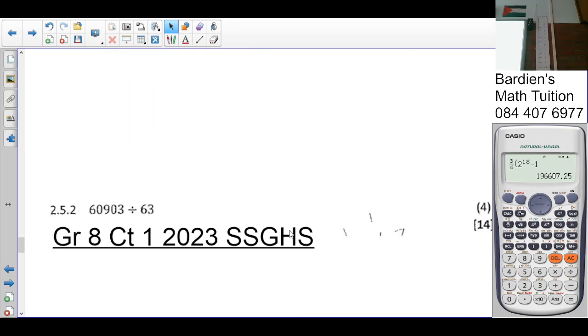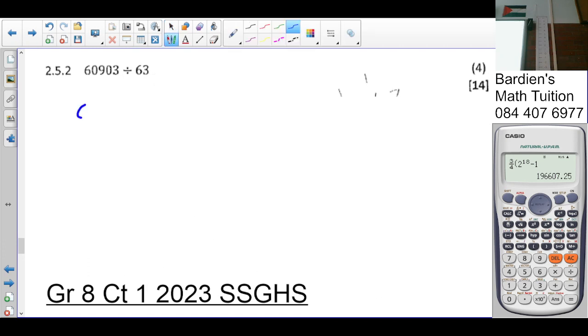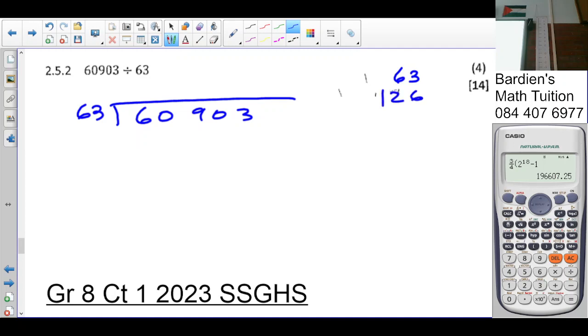Next. The next one is going to be 60,903 must be divided by 63. So what I do is I write the multiples of 63. There's 63, 63 plus 63 is 126. Plus 63 is 189, correct?